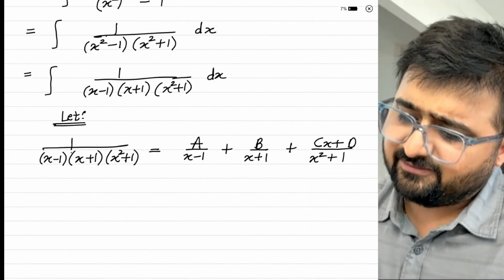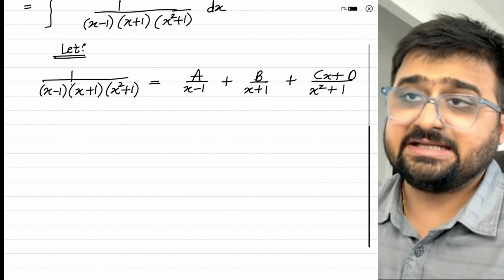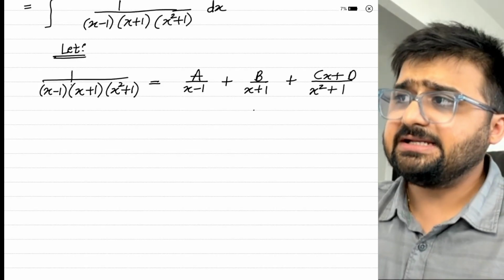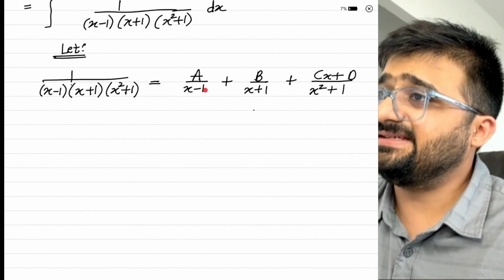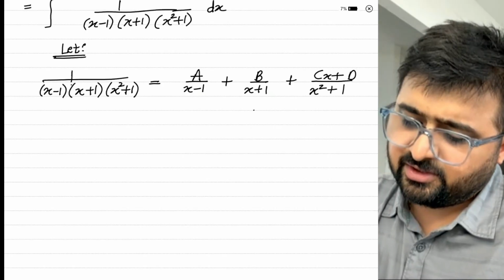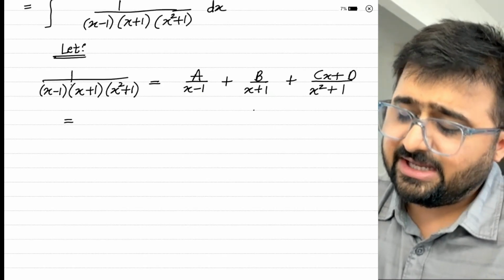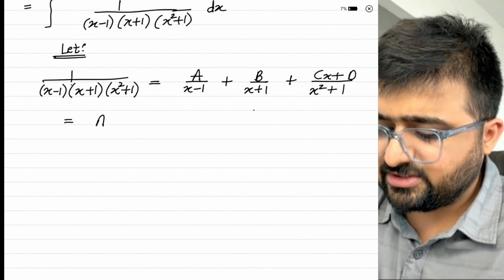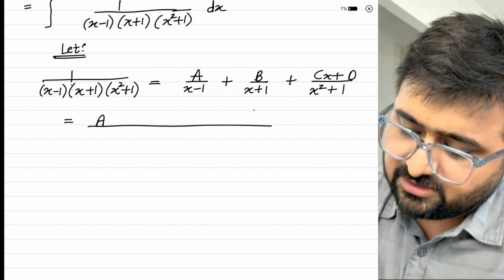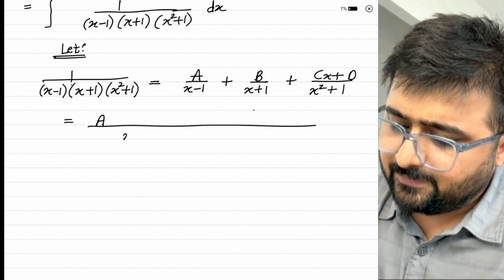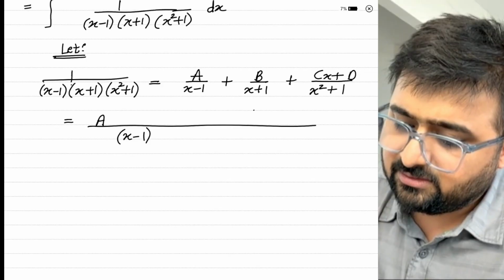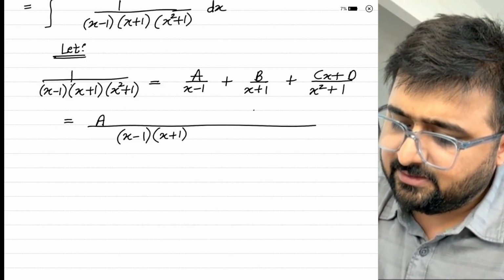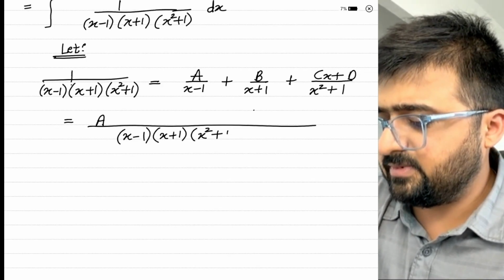Now, once we find the values of a, b, and c, it's a very easy integral at that point. So on the right hand side over here, you can just apply the LCM rule. First, let's write the denominator. The denominator is for sure the product x minus 1, x plus 1, x square plus 1.